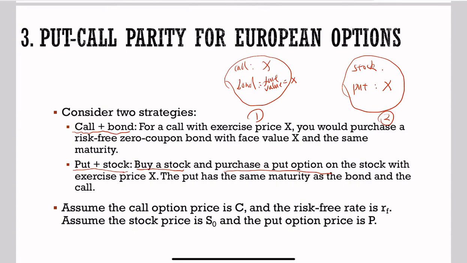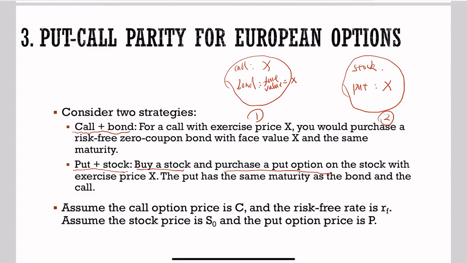And later you will see that these two different strategies have the same future payoffs. And by the law of one price, if these two strategies have the same future payoffs, then we should have the same prices today, right? So that's the basic story here.